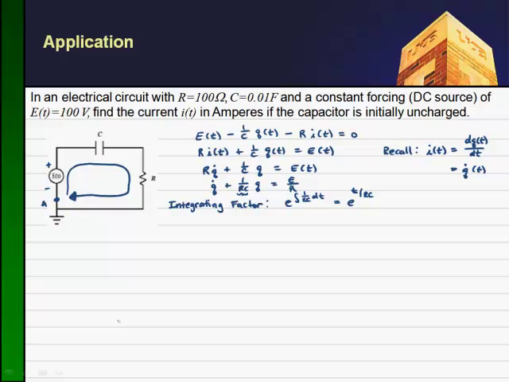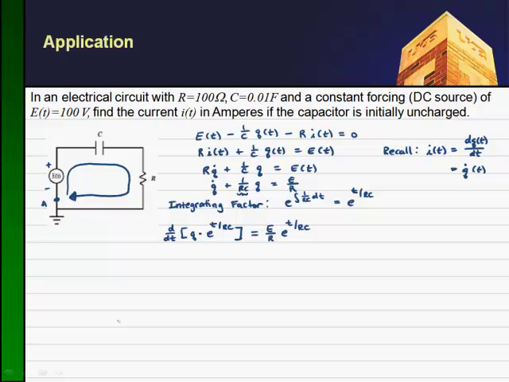And of course, if I multiply both sides, I know on the left-hand side I'll get an exact differential, in which case I'll have d by dt of the function q of t times the integrating factor, e to the t over RC. On the right hand side, I'll just have E over R times e to the t over RC.